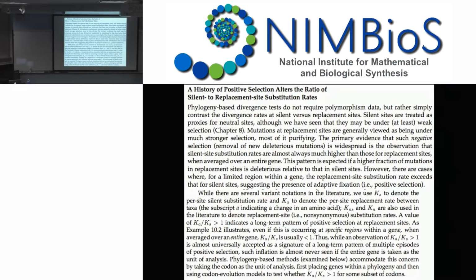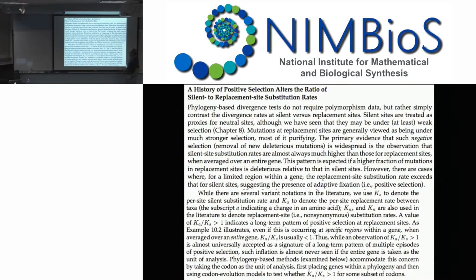They get removed very quickly. The only things that get substituted, under the neutral theory, are effectively neutral sites. And therefore, there's a lower effective mutation rate at replacement sites, because both sites have the same amount of mutation coming in, but the silent sites accept a large fraction of those as being neutral, while the replacement site accepts a much smaller fraction. Therefore, the rate of evolution at replacement sites is much slower than the rate at silent sites.